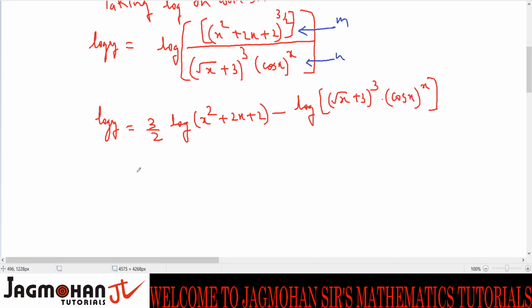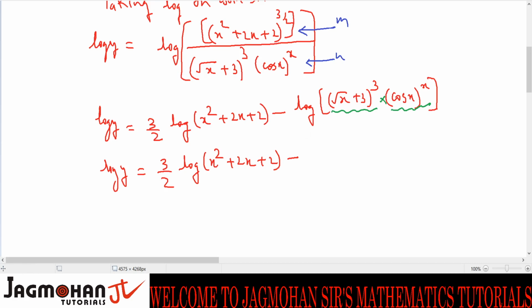Okay, so the next step it will become, therefore log of y equals 3 over 2 log of x square plus 2x plus 2 minus, now see, you got here m and n. So log of m into n is log m plus log n, but outside you have a negative sign, so inside it will become negative.